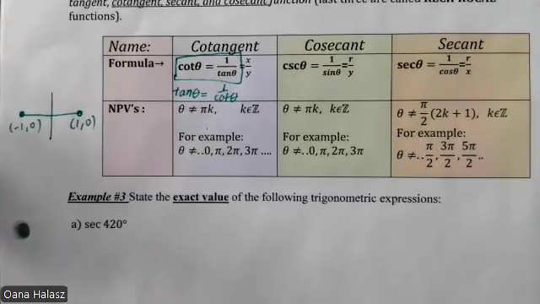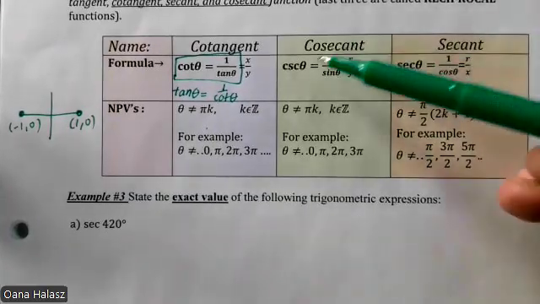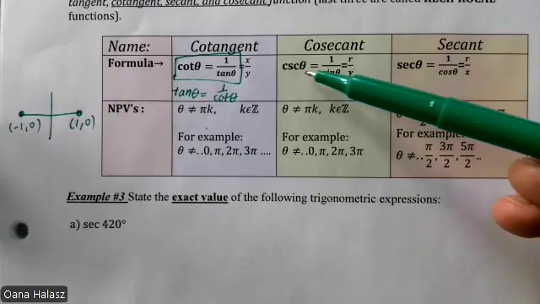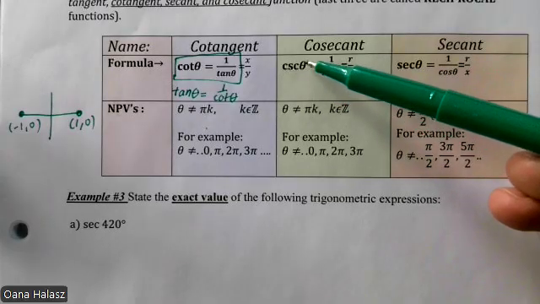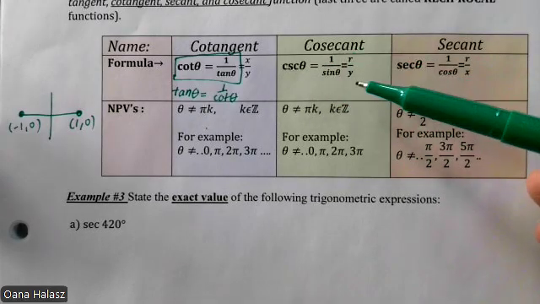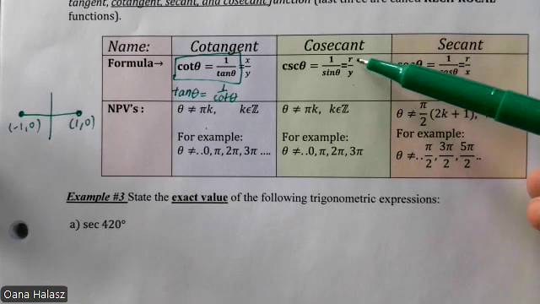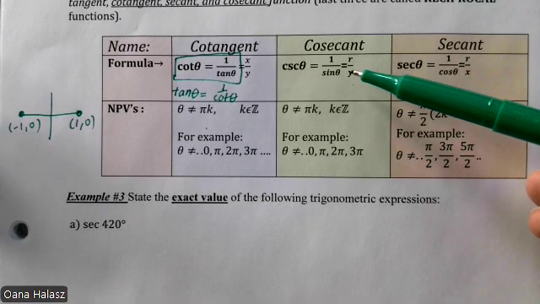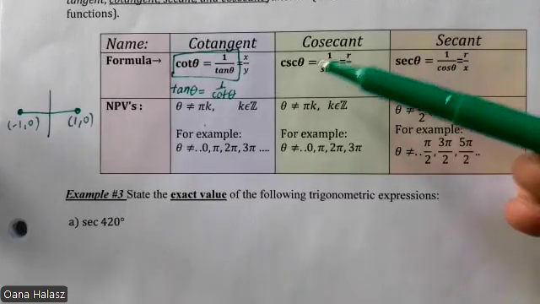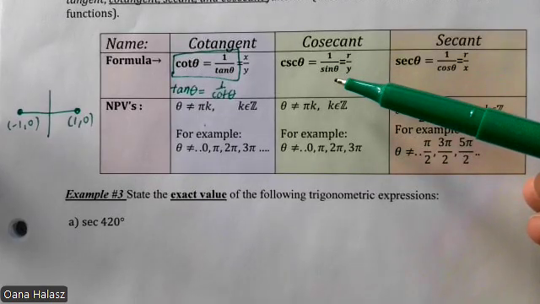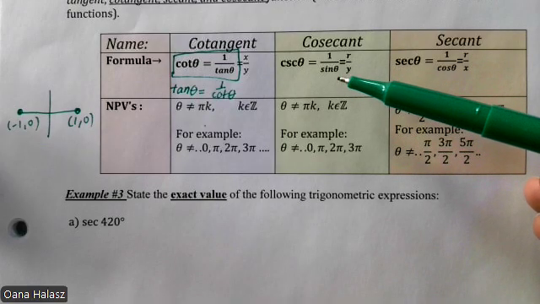Cosecant is the reciprocal of sine. So cosecant of theta, the short version, it's CSC of the angle equals 1 over sine. The sine formula in terms of x, y, r was y over r. The cosecant would be vice versa, so r over y. And then sine of theta is, again, at the denominator. We have to figure out at which location, what kind of angles will give us that function equal to 0.